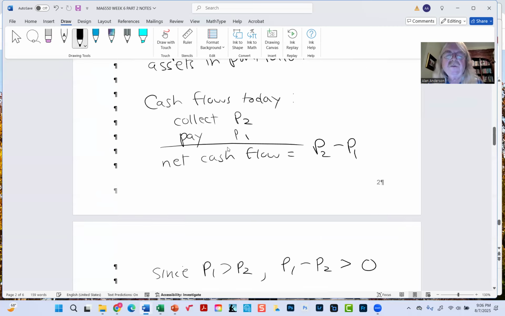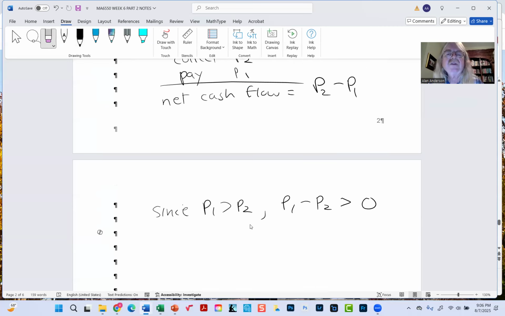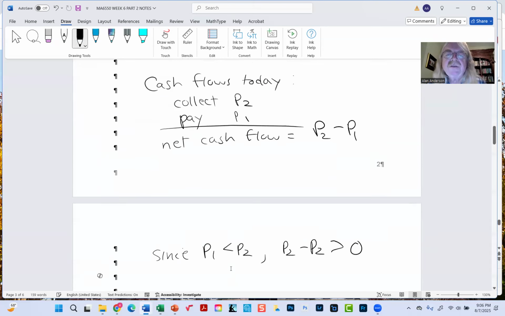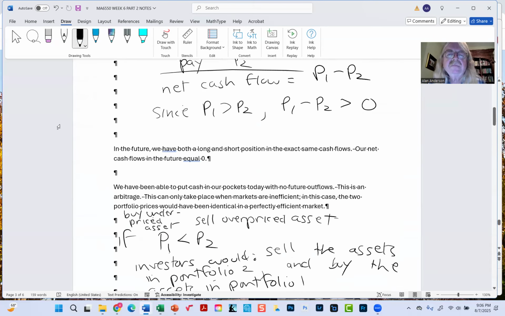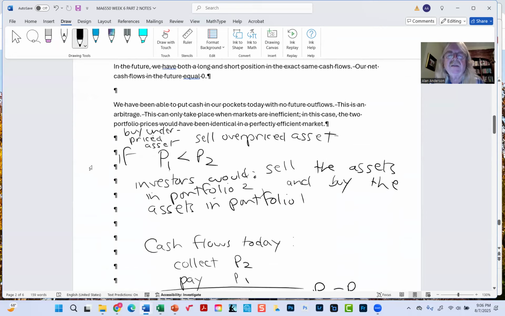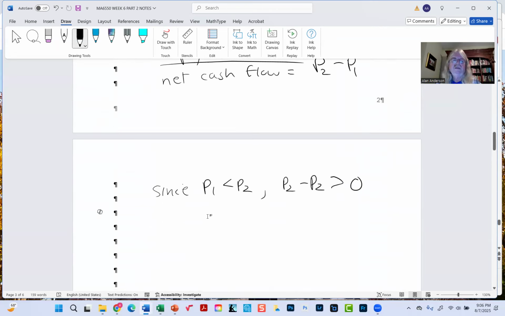But now, of course, we're reversing the two, but now the assumption is different. So now this time it's P2 minus P1 that's positive, and there's your arbitrage. All right, great. So this is also an arbitrage.